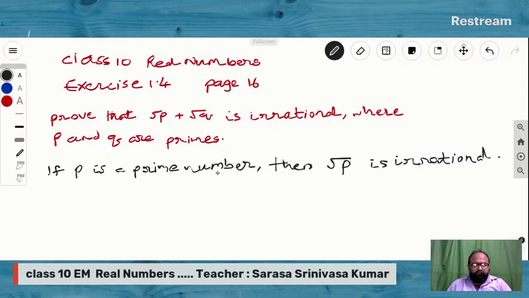Similarly, if q is a prime number, then square root of q is irrational. We will note down these two results.